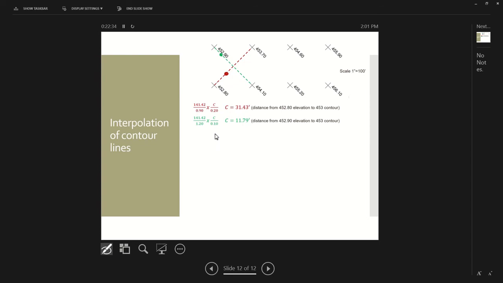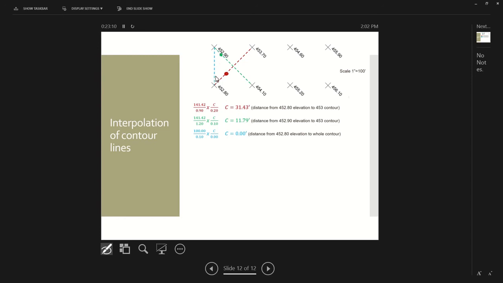Then the next one, the blue line that we're going to solve for. I go through and do the same thing again, but this time I'm not using the hypotenuse distance, I'm using the distance between the x's. That's 100, that's why I have 100 in here. My change in elevation is 0.1, and hold on, there is no contour passing between these two because they're at the same or within the same one foot of elevation.